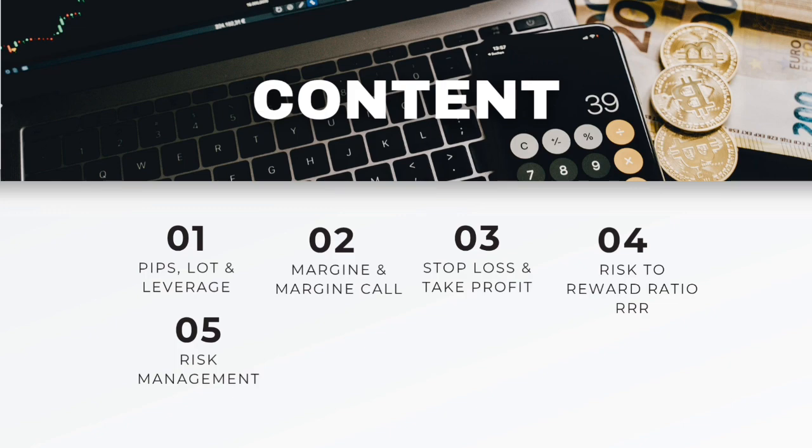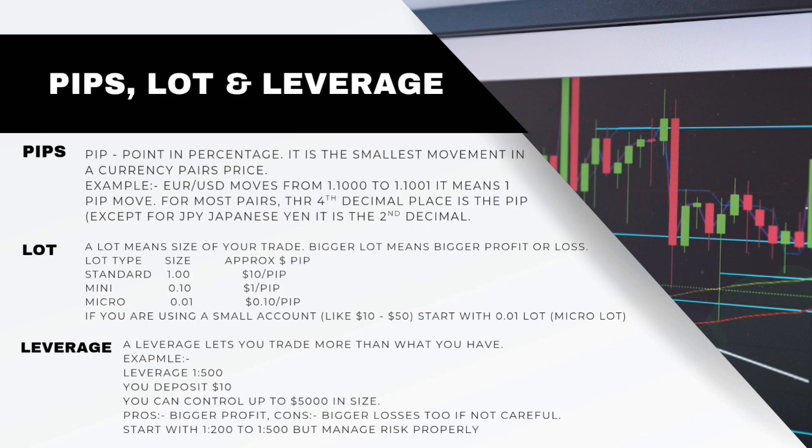So, first, what is a pip? A pip is point in percentage. It is the smallest movement in a currency pair price. For instance, you are trading EUR USD. You buy at 1.1000.